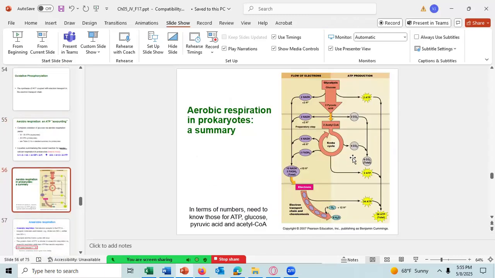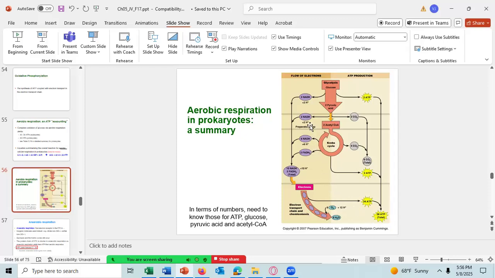All right, to remind you, glycolysis makes 2 NADH and 2 ATP. The Krebs cycle preparatory step makes 2 more NADH and 2 more ATP. And then the electron transport chain generates 34 to 32 ATP molecules for a total of 36 to 38 ATP for aerobic respiration.